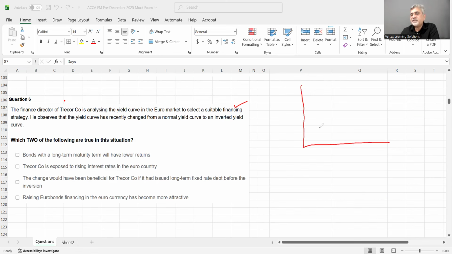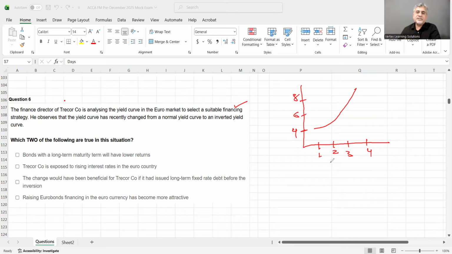Normal curve always is like this. So you have got the time period year 1, year 2, year 3, year 4, and you have percentages here. For example, let's suppose this is 4%, this is 6%, this is 8%, and so on.